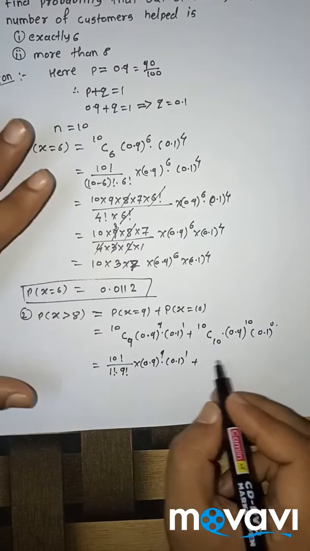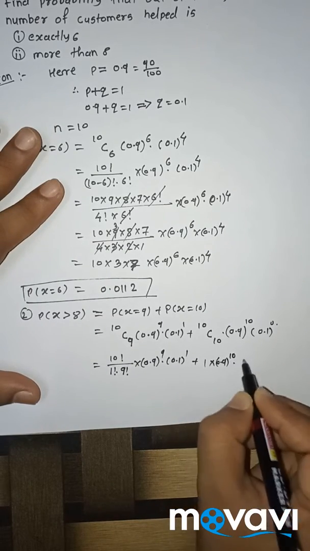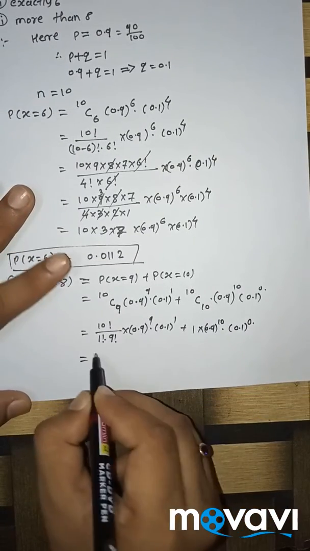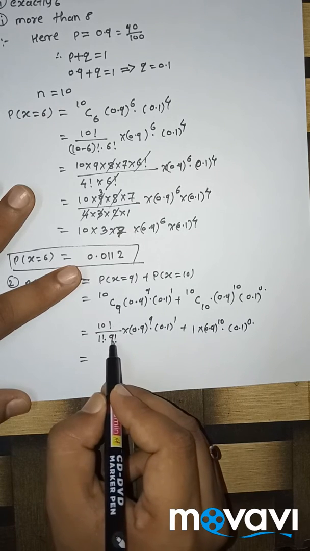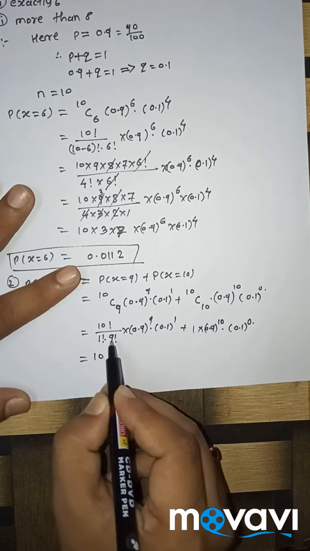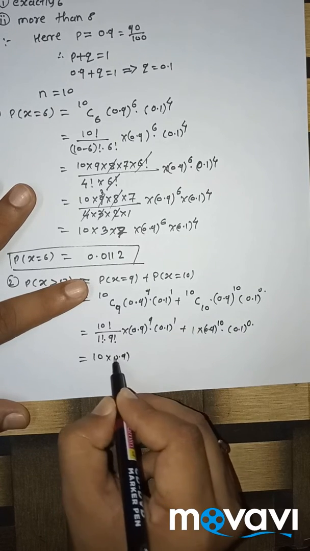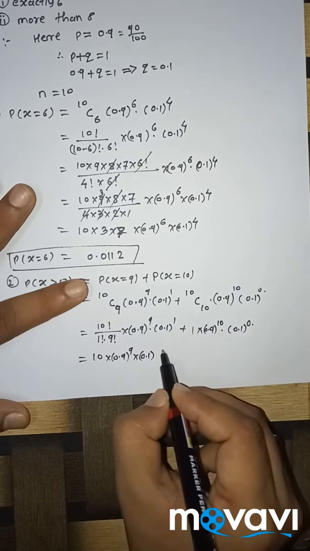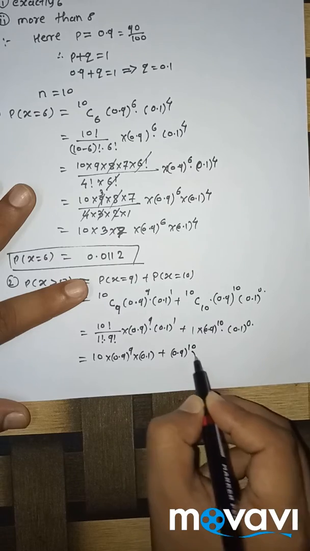This is equal to 1 into 0.9 raised to 10 into 0.1 raised to 0. This is equal to 10 factorial upon 9 factorial, it's 10 into 9 factorial upon 9 factorial. 9 factorial will get cancelled, into 0.9 raised to 9 into 0.1 plus here 0.9 raised to 10 into 1.